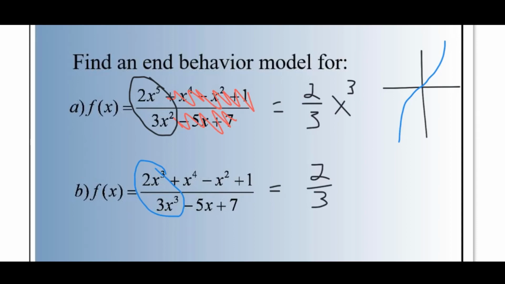That's your end behavior model, which means I don't care how crazy that rational function looks normally, when you graph it out, you'll have a horizontal asymptote at y equals 2/3. So if x goes to positive infinity, it's 2/3. If it's negative infinity, it's 2/3, as in the limit or the height. So again, 2/3 is just the end behavior model we need.